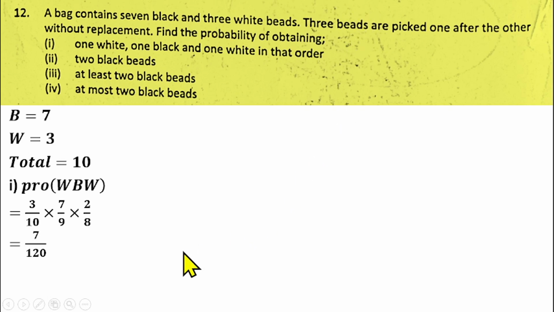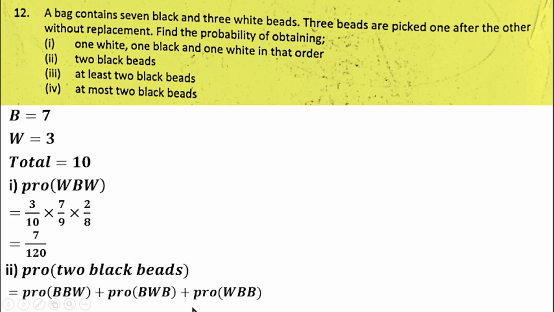And they didn't say in that order, so this one will have options. That means you'll be having black, black, white; black, white, black; and white, black, black. So you'll be having three options in this case.